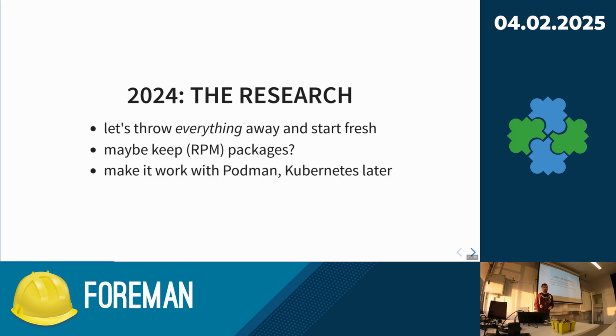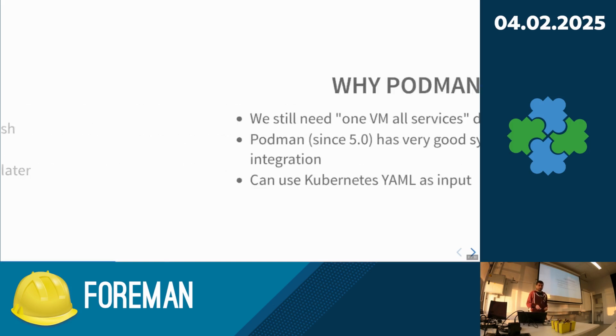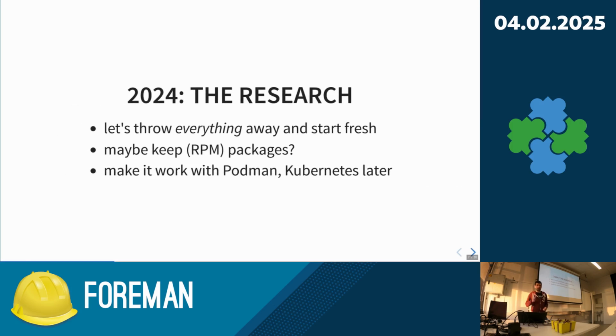You probably need to change a line or two in the definition, but then it should work. And it also should be able to run on Kubernetes if you really want to. We do not want to limit you. So yeah, we are focusing on Podman, but there's a way to do the next step afterwards.